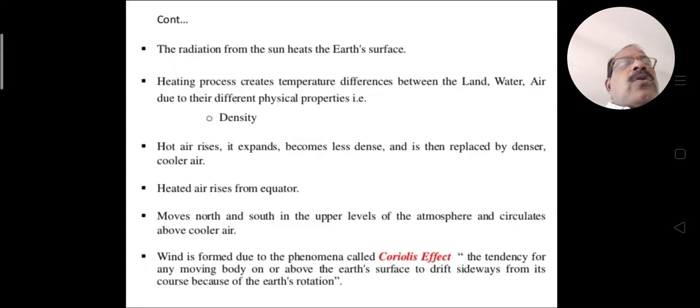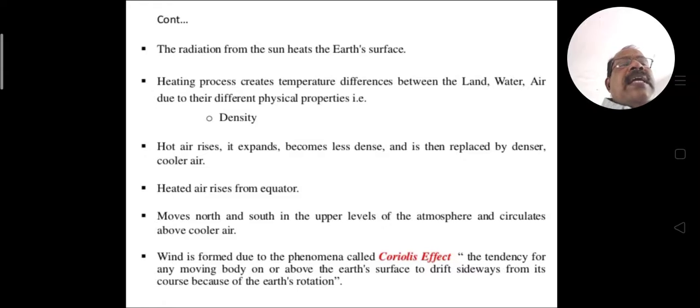So hot air rises, that means the density of the hot air decreases. It is low density, so it expands, and this space is replaced by denser, cooler air. Heated air rises from the equator and moves north and south in the upper levels of the atmosphere and circulates above the cooler air.